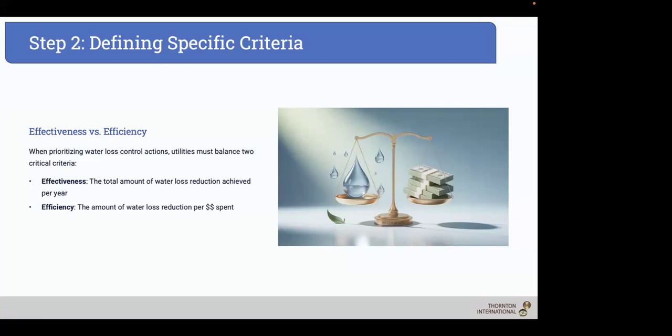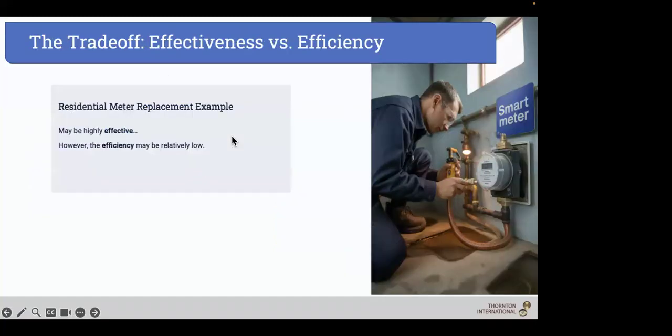So these criteria often involve trade-offs that must be carefully evaluated to optimize resource allocation and maximize impact on water loss reduction. We can think of an example for meter replacement. So the trade-off here of effectiveness and efficiency. Thinking of a residential meter replacement example, we can replace all old residential meters.